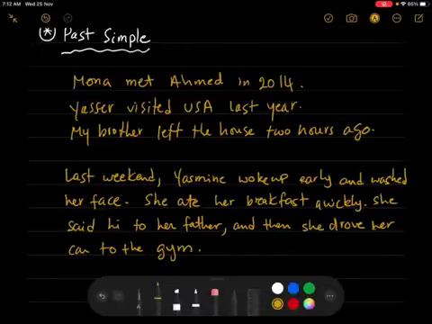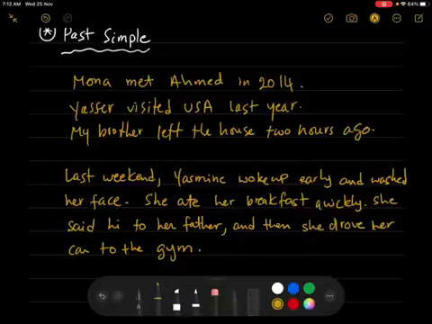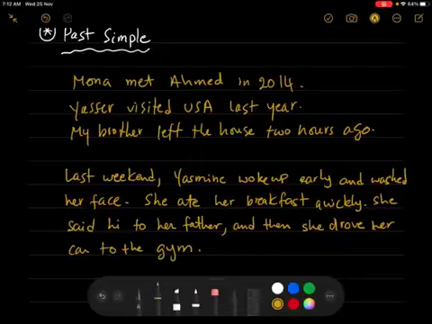What do you think about this example? That's a great example. We used here the past simple in order to express many actions, all of which happened in the past, one after the other. Last weekend, what happened? Yasmin woke up early and washed her face.